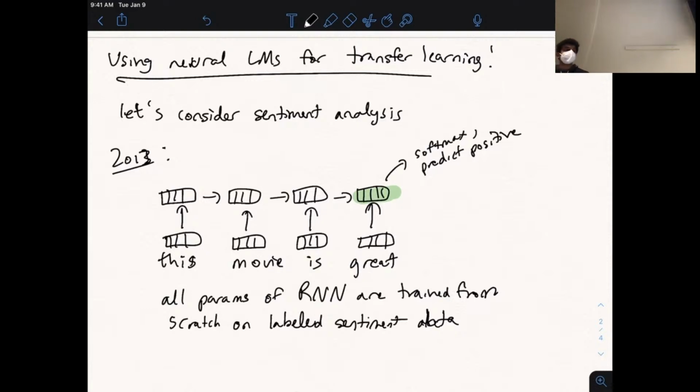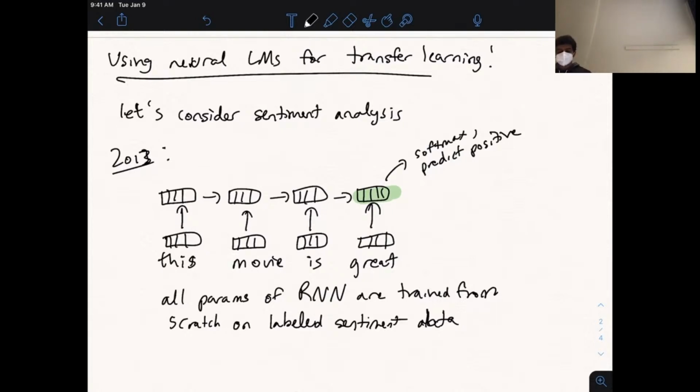So there's no language model even anywhere near this, right? I have some labeled reviews. I put them all through a recurrent neural network. I tell the model to predict the ground truth label. I do backprop down into all of the hidden states, into the word embeddings, into those recurrent and embedding matrices that are part of this model's parameters. And at the end of the day, I get a model and I can use it for sentiment analysis.